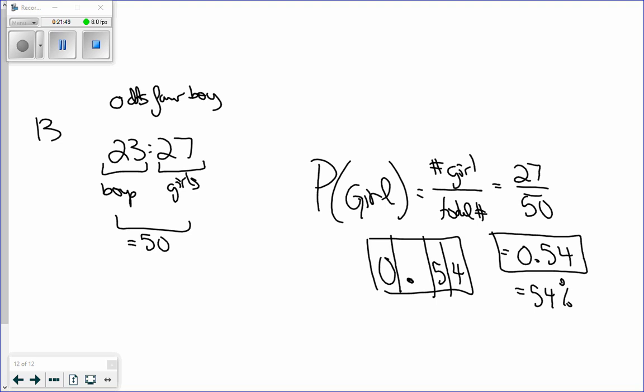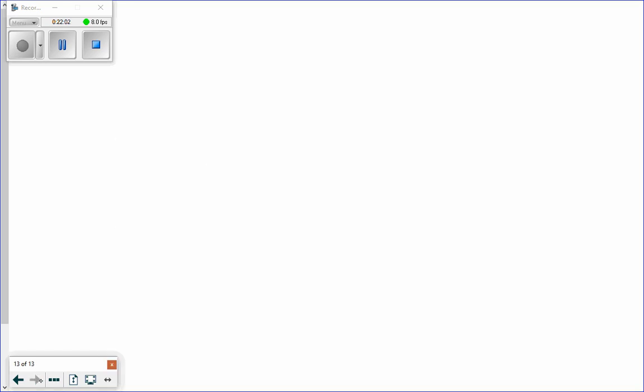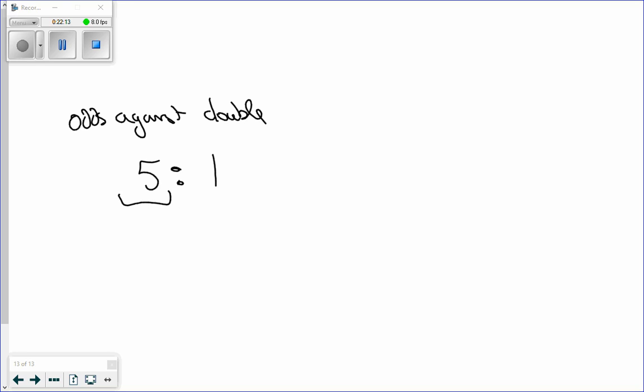Okay, let's look at number 14. When 2 dice are rolled, the odds of throwing a double are 5 to 1 against. So odds against getting a double are 5 to 1.